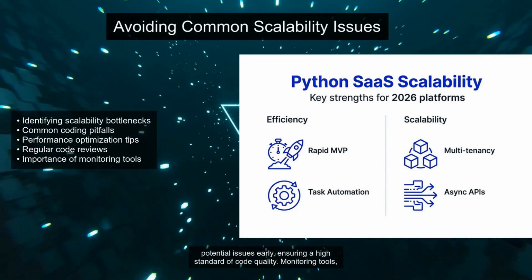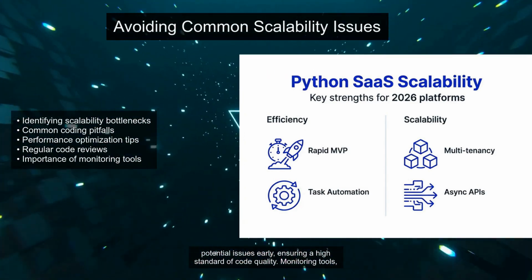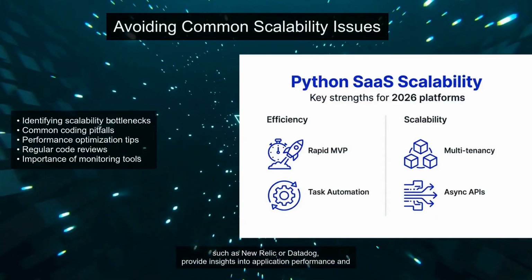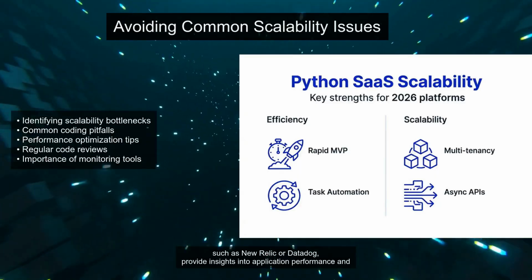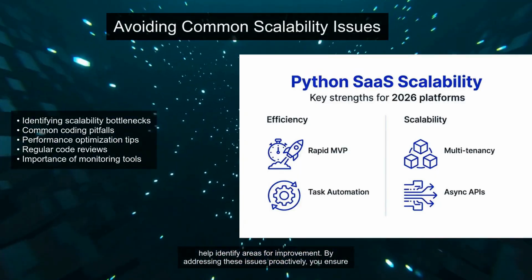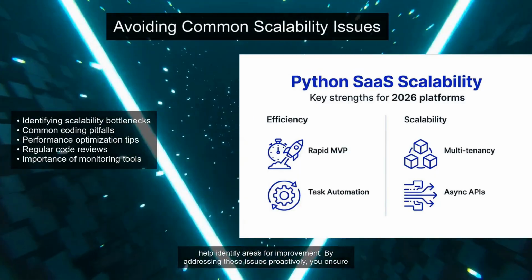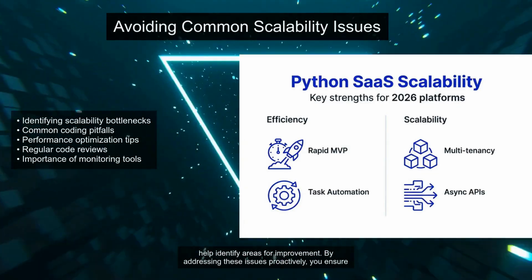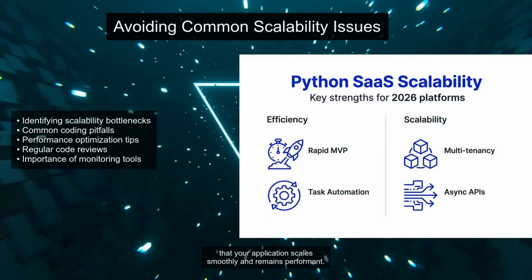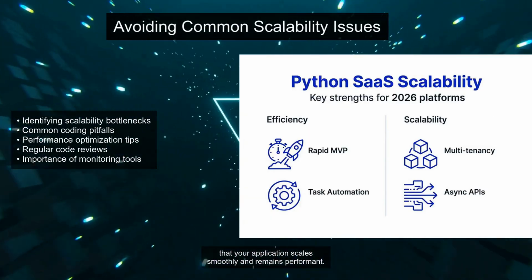Regular code reviews help catch potential issues early, ensuring a high standard of code quality. Monitoring tools, such as New Relic or Datadog, provide insights into application performance and help identify areas for improvement. By addressing these issues proactively, you ensure that your application scales smoothly and remains performant.